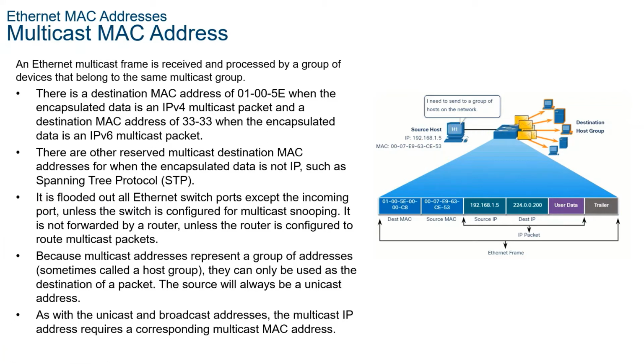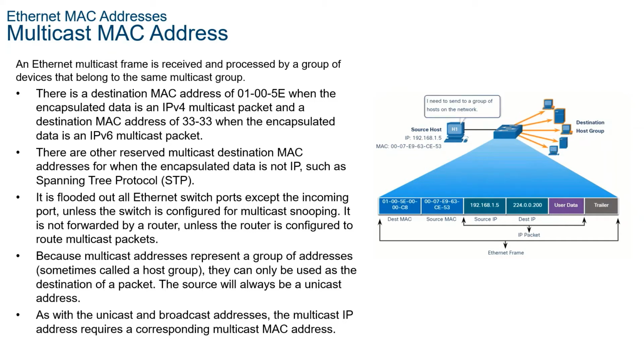If the encapsulated data is an IP multicast packet, the devices that belong to a multicast group are assigned a multicast group IP address. The range of IPv4 multicast addresses is 224.0.0.0 to 239.255.255.255.